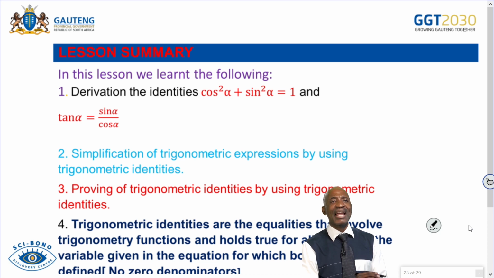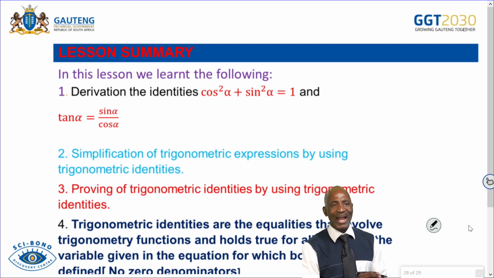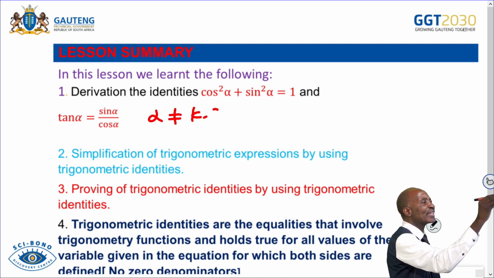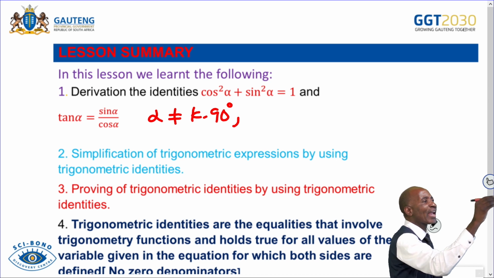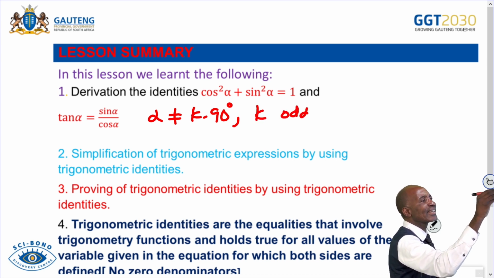So in this lesson, what did we learn? We learned how to derive our two special identities, cos squared alpha plus sine squared alpha equals to 1. And we also derived the identity tan alpha equals to sine alpha divided by cos alpha. In this case, we are saying for alpha not equals to elements of 90 degrees times k, where k is odd integers.